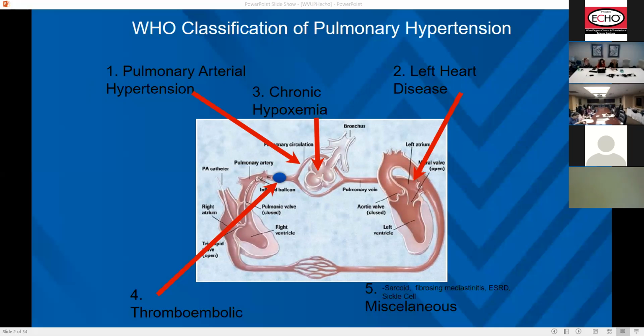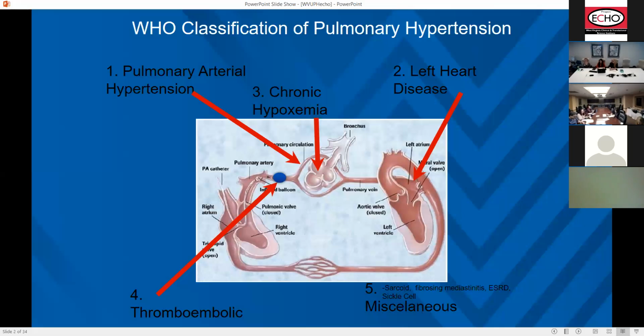Group 2 is the most common, representing about 2/3 of pulmonary hypertension. Those are the left-sided heart disease ones: aortic stenosis, mitral regurgitation, HFpEF, HFrEF, all those different types of left-sided heart physiologies. Group 3 is chronic hypoxemia.